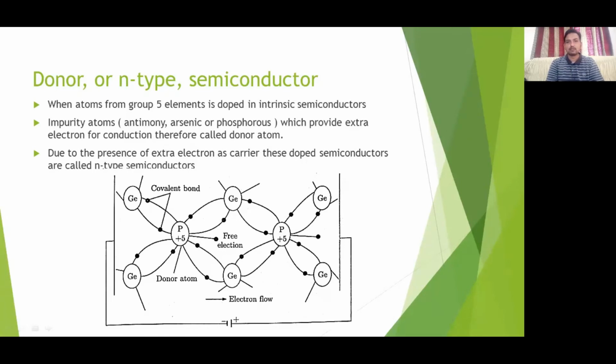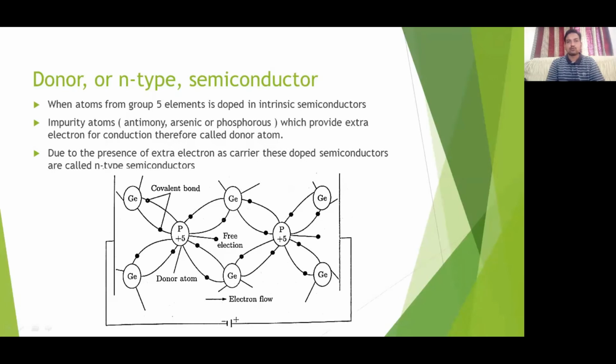Since this electron lies near the conduction band, a very small amount of energy can excite it from its energy level so that it can go to the conduction band, and conduction starts. So there is an extra electron added to our semiconductor. If you add many impurity atoms, you can have many free electrons generated in addition to the thermally generated electrons.